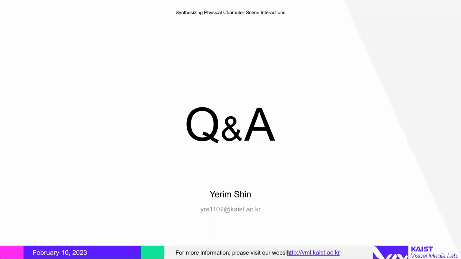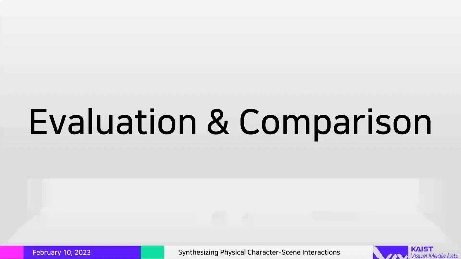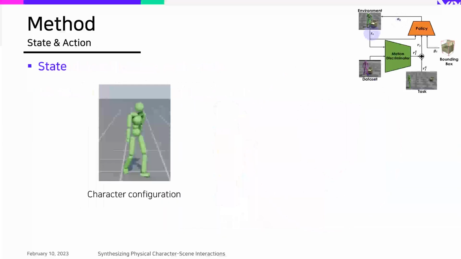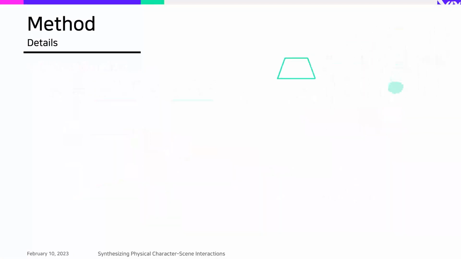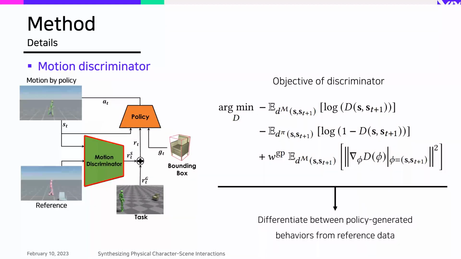Can you please say it again? In the discriminator loss term, they sample from the dataset as transition information, and their notation uses the time step t+1. How do they sample S and S_{t+1}?